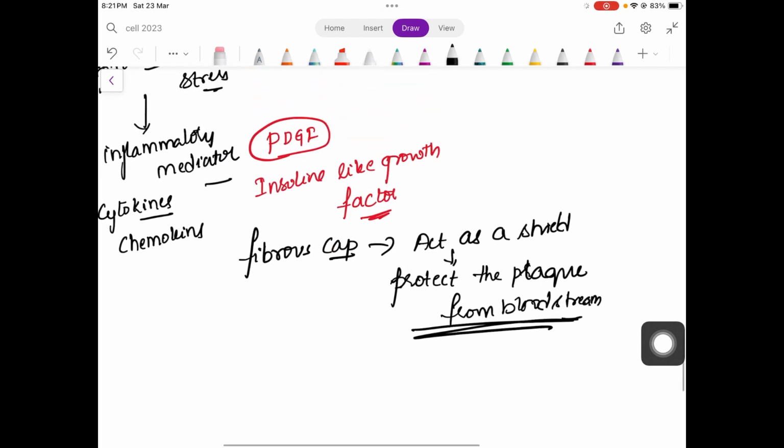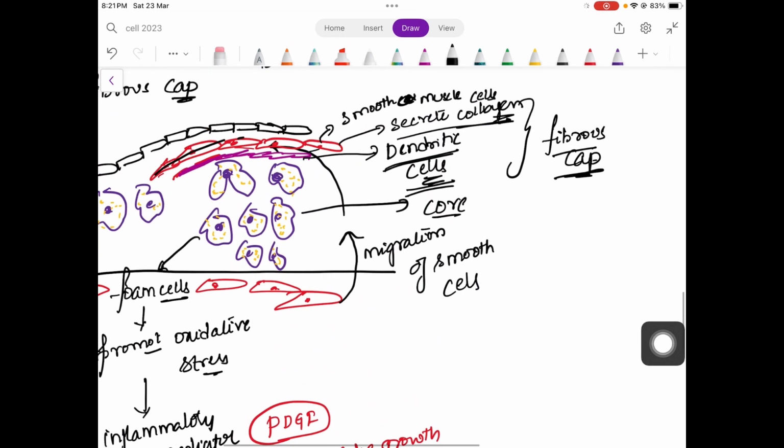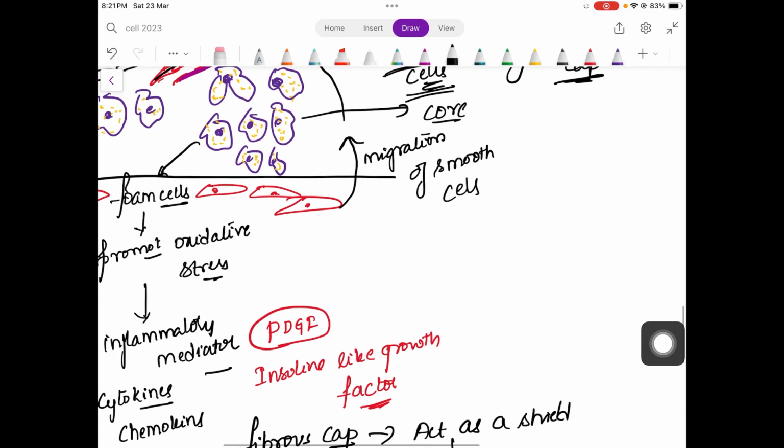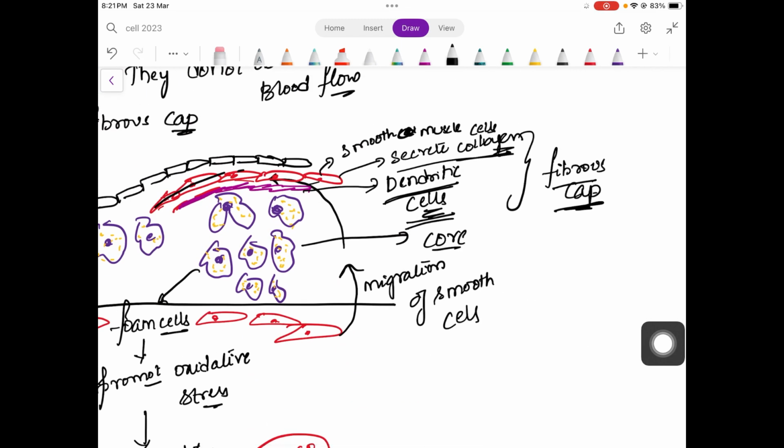Okay, and this is called an atheromatous plaque. Here in this atheromatous plaque, there will be deposition of calcium.